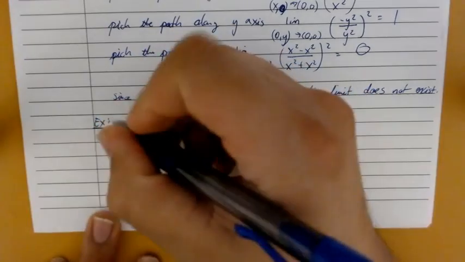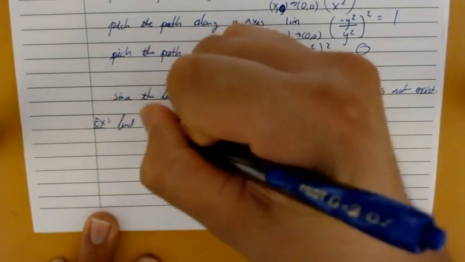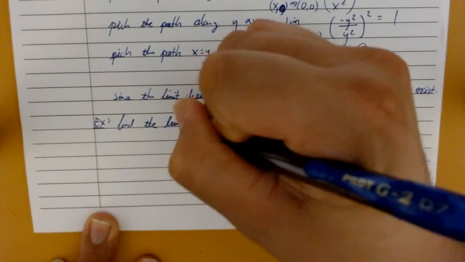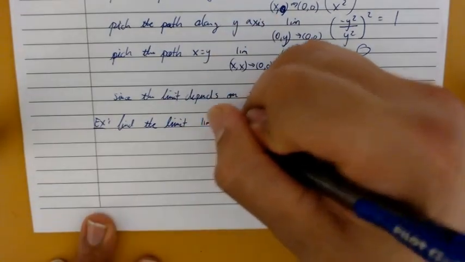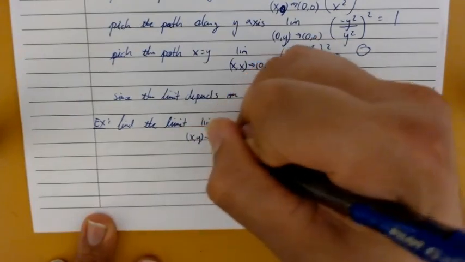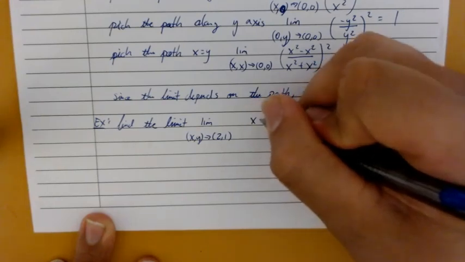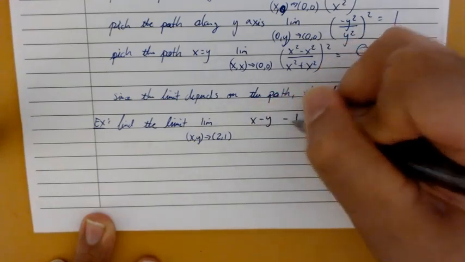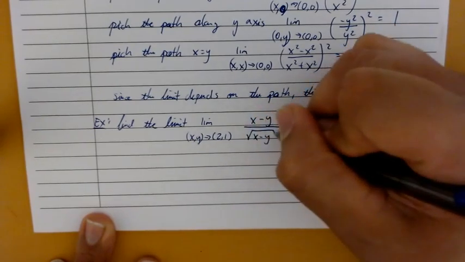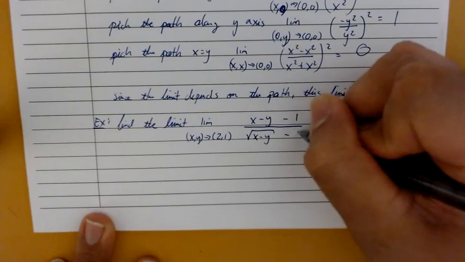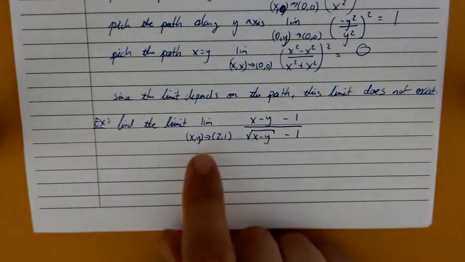So for example, let's go ahead and find the limit as (x, y) approaches (2, 1) of x minus y minus 1 over the square root of x minus y, and then outside of the square root I'm going to have a minus 1.